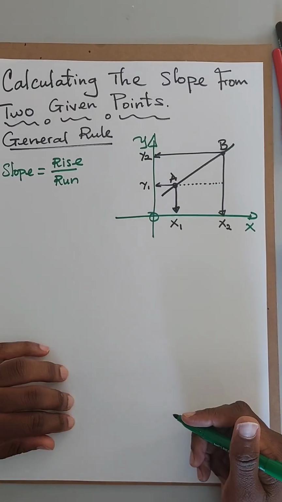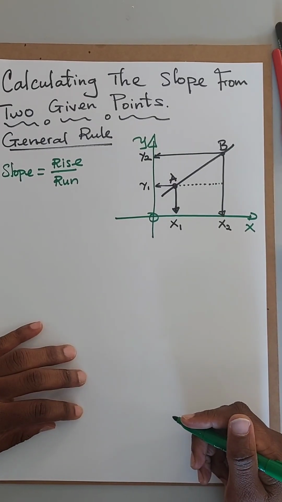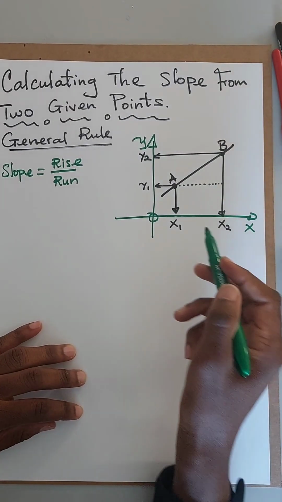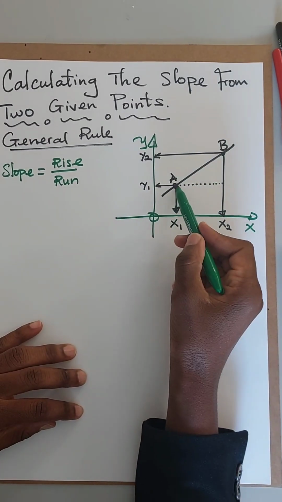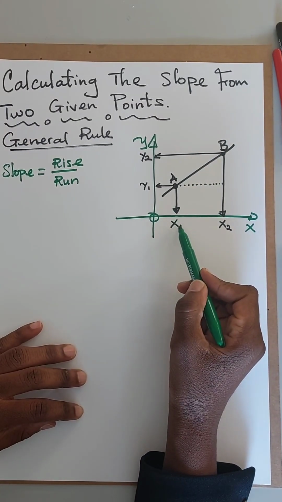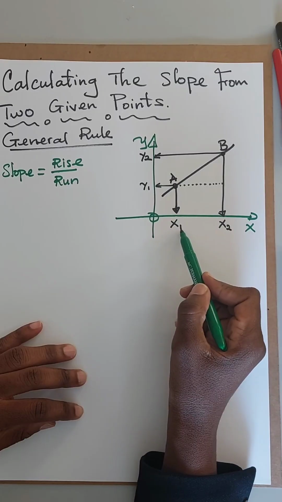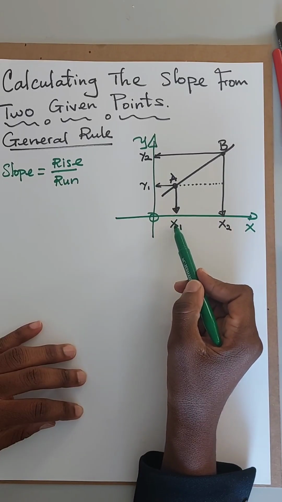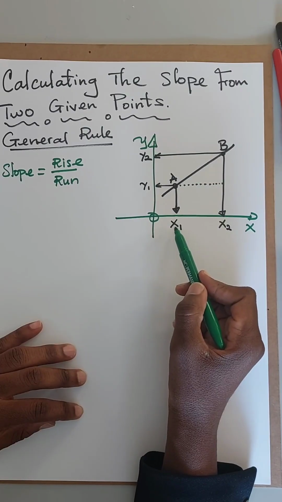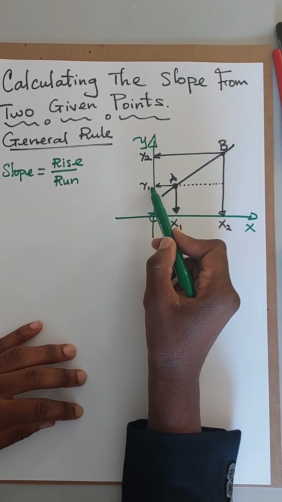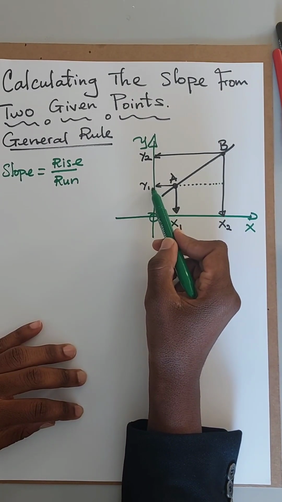So to find the slope using the points A and B, we need 2 general points. We have a point A here with coordinates x1 and y1. You could see the x coordinate of the point A labeled as x1. This 1 here is just a name to show that this is the first coordinate that we have picked on the x-axis, and its corresponding y coordinate is y1.